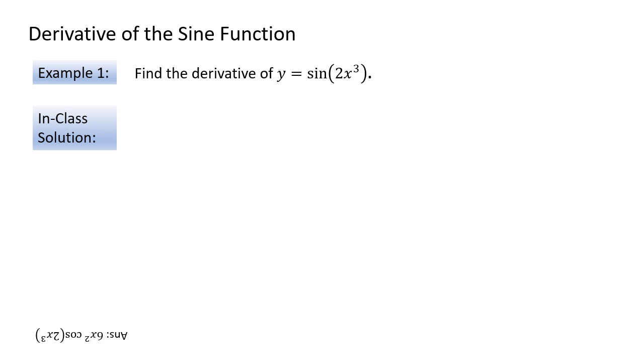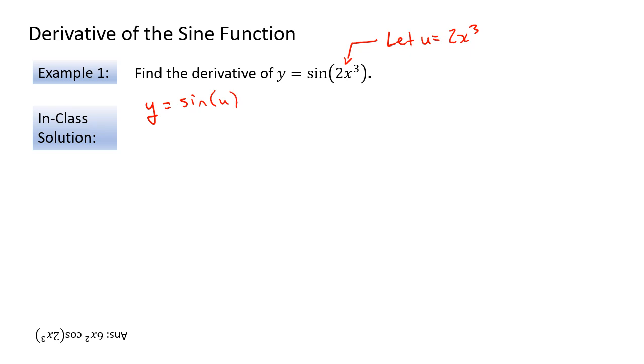And you'll notice in here that in the brackets for the sine function, it's not just x. It's a different function. So like I said, every time you have to use the chain rule to solve these ones. So I'm going to let u equal 2x cubed. So if I substitute that in, y is equal to sine of u.